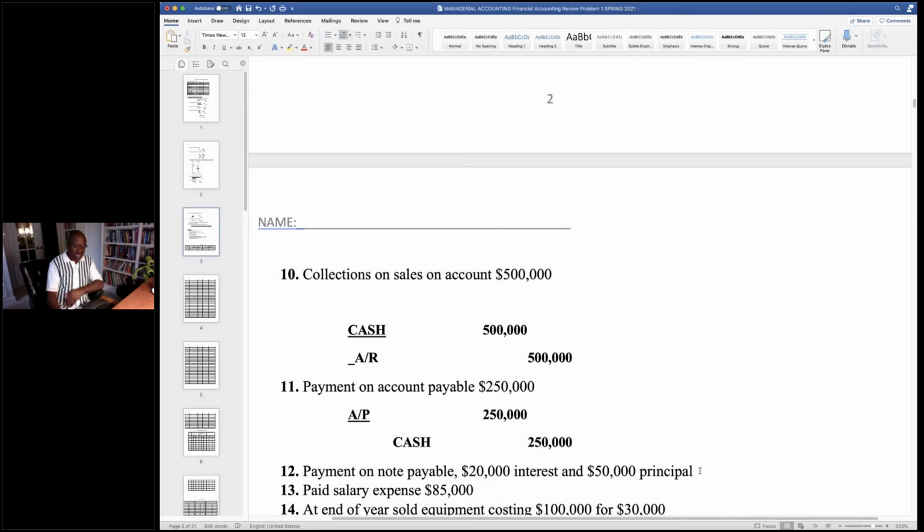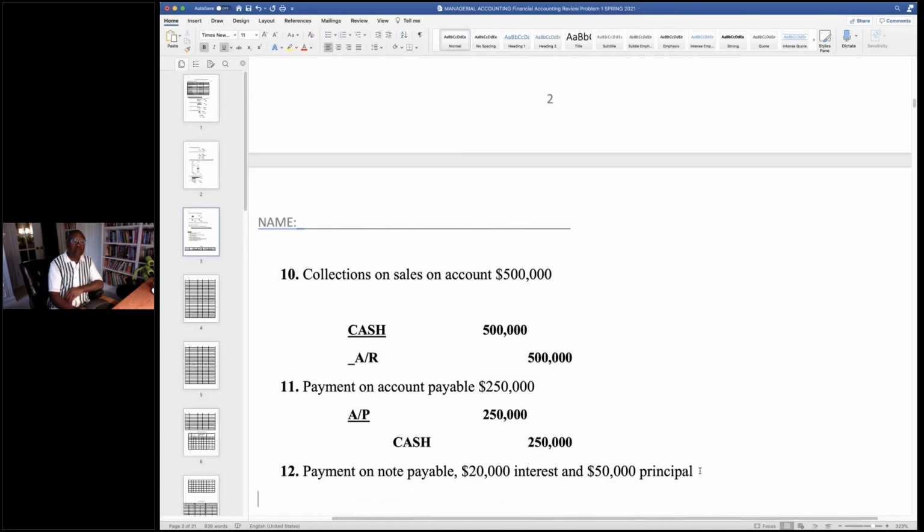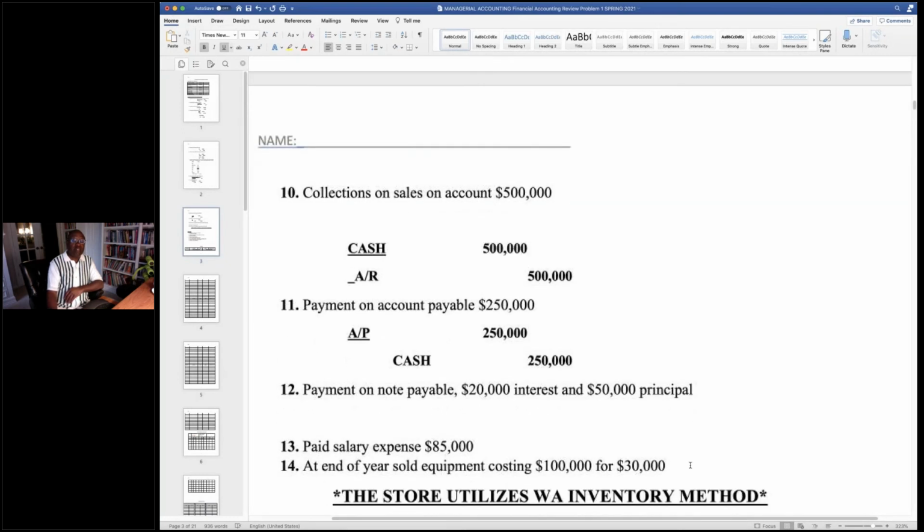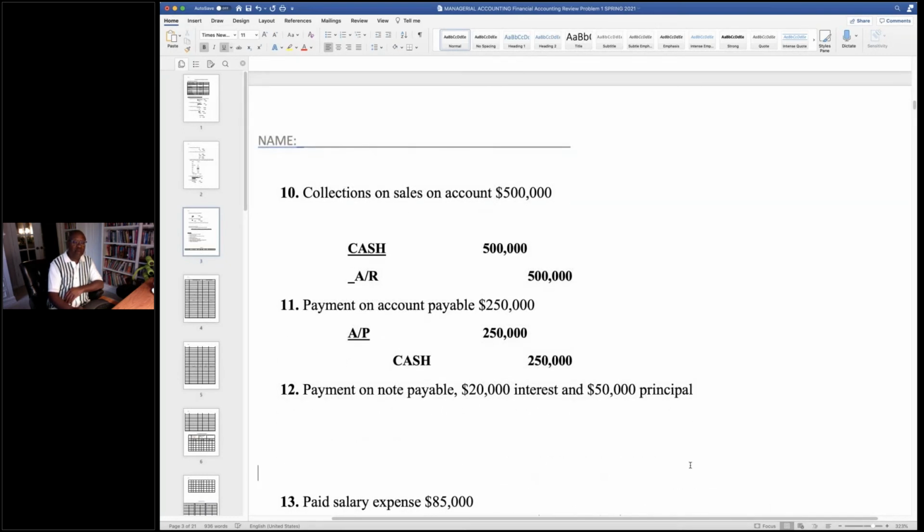Okay, payment on notes payable. Debit notes payable. I was confused on this one. I think you debit notes payable $20,000 and then debit interest expense of $50,000 and then credit cash of $70,000. Is that right?